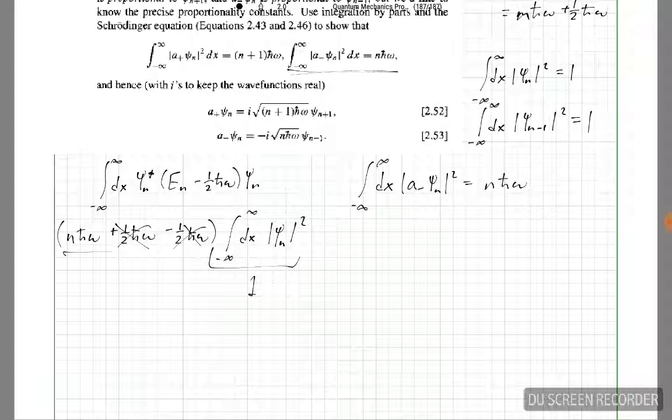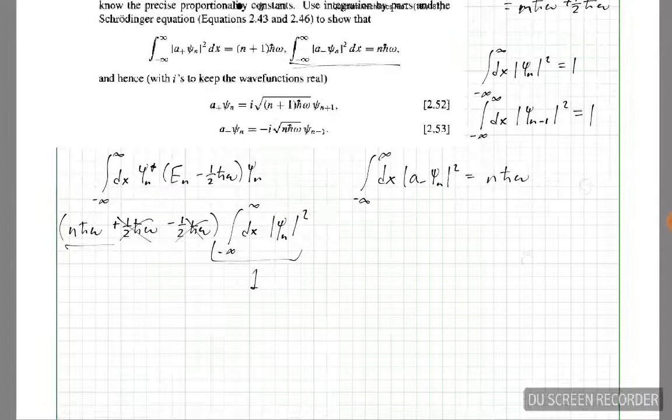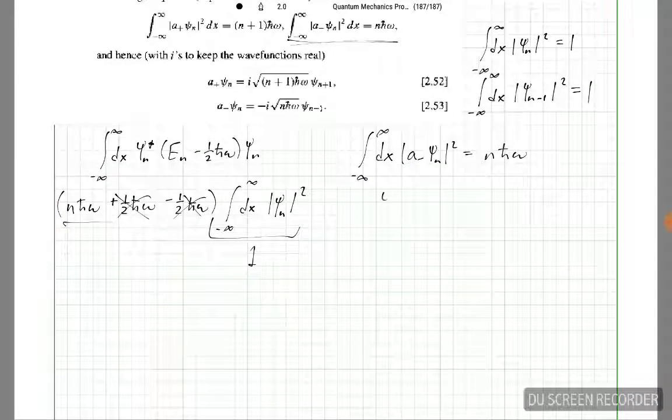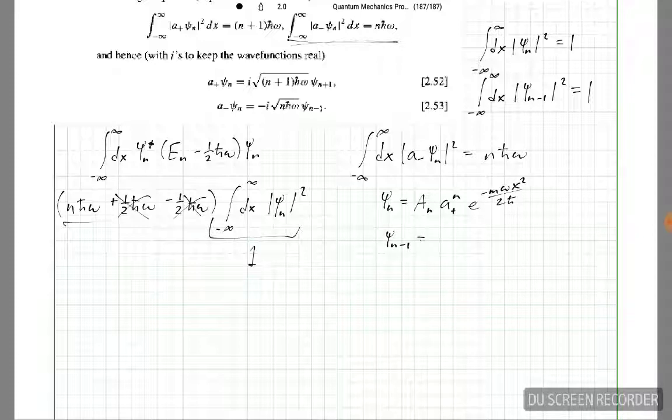We want to find out what the scaling factor is between those two constants, between capital A n and capital A n minus 1. So we have psi n would be capital A n, this guy. And then we have n minus 1.